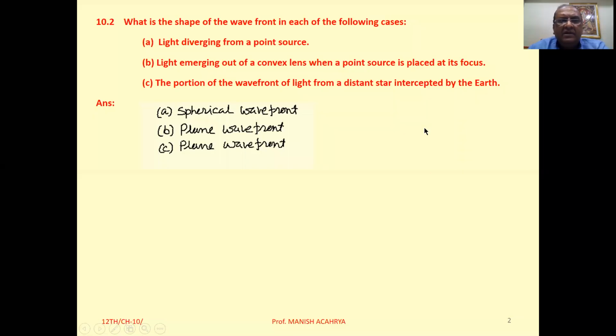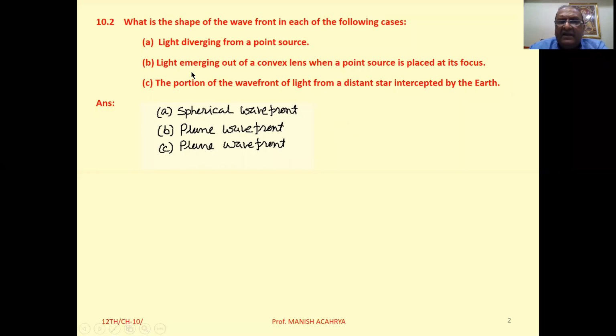Example 10.2. What is the shape of the wavefront in each of the following cases? A. Light diverging from the point source. A point source produces the spherical wavefront. So in the first case, the wavefront is a spherical one.